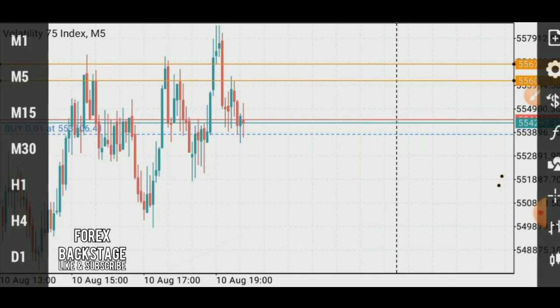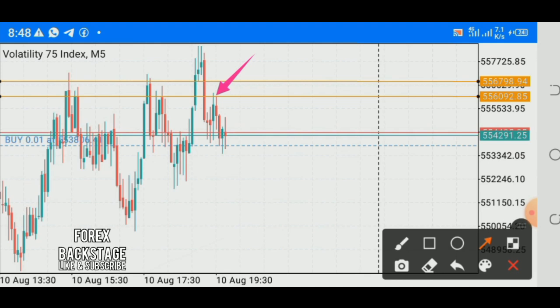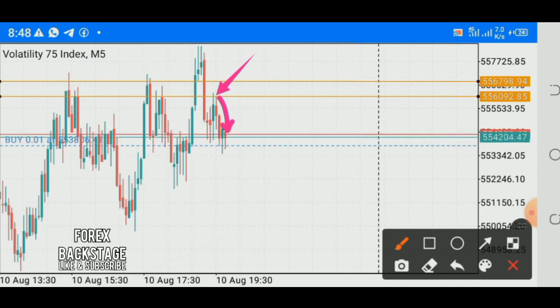Remember, this candlestick hits this resistance here and bounces back downward. Hope you are following.